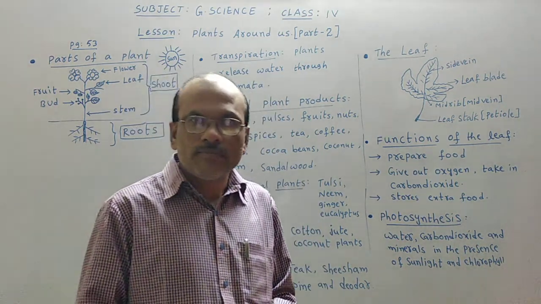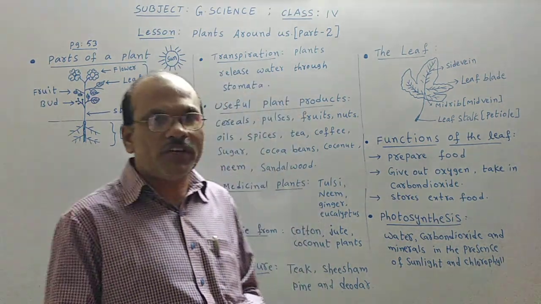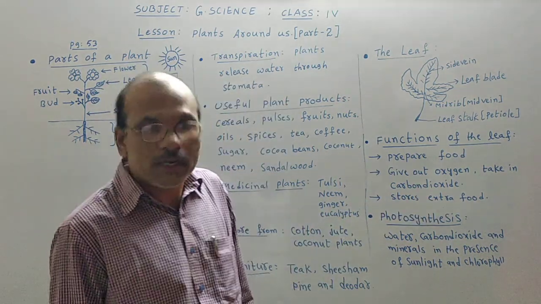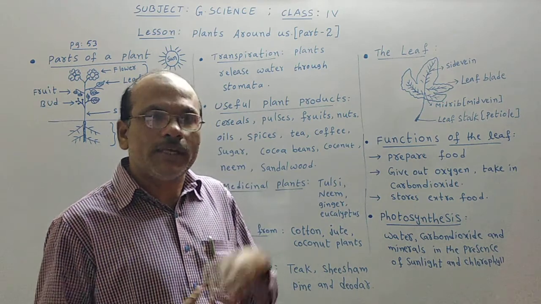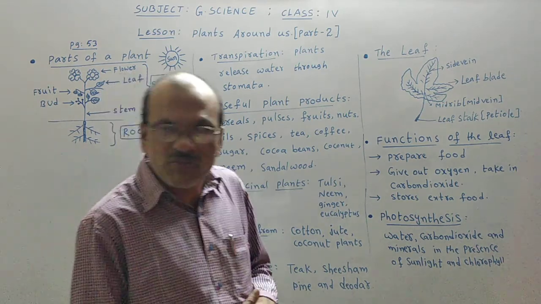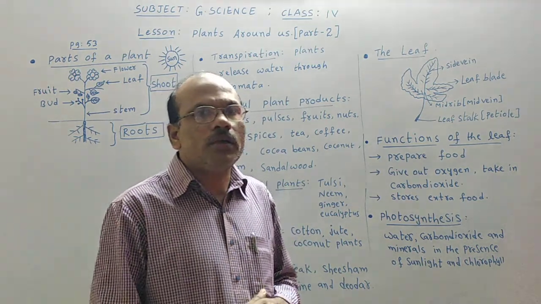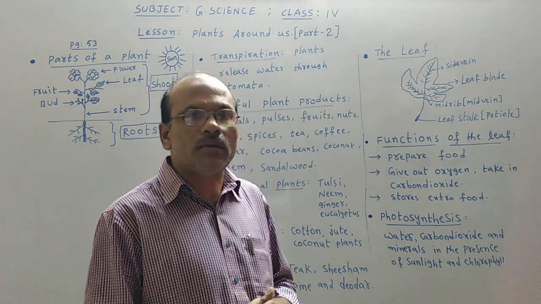By boiling them. That is the leafy vegetables we are taking. Some leaves store extra food in them, and we eat them and get some energy from them. Eating leafy vegetables is good for our body, and it is a healthy habit also.